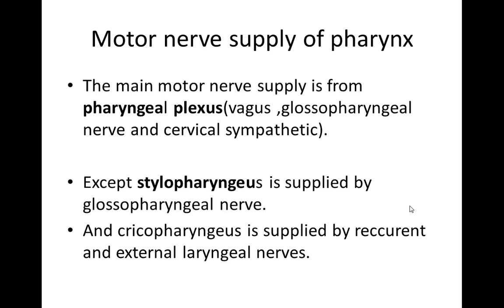The motor supply to the muscles of the pharynx. The main motor supply is from the pharyngeal plexus, which is formed by the vagus, glossopharyngeal, and cervical sympathetic.